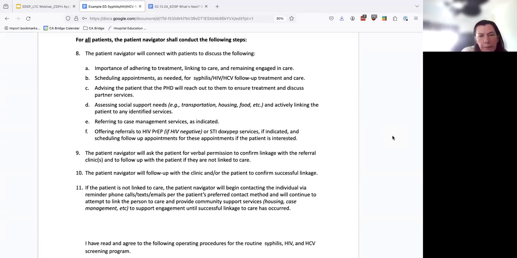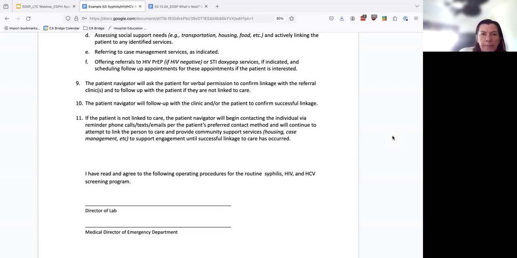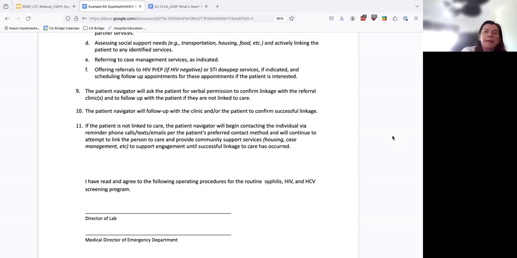Okay, and if you want to move it down just a little bit further, we're almost done. The patient navigator should also ask each individual if it's okay with them if they confirm that the patient actually made it to their follow-up referral clinic appointments. This can just be a verbal confirmation that individuals are okay with the navigator following up with the clinic or following up with the patient themselves to make sure they made it into care.